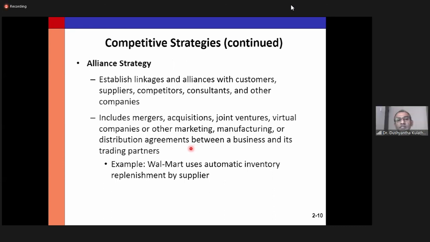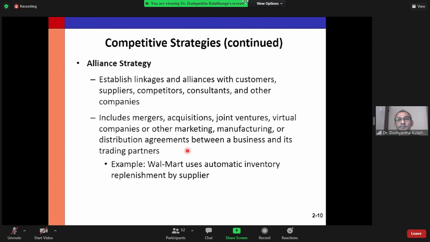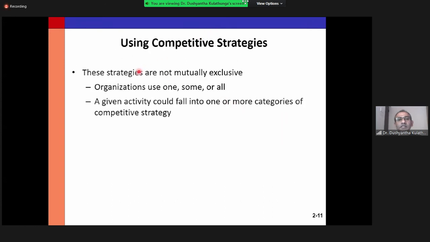Are there any other questions or comments? And then I think the next point says these strategies are not mutually exclusive.